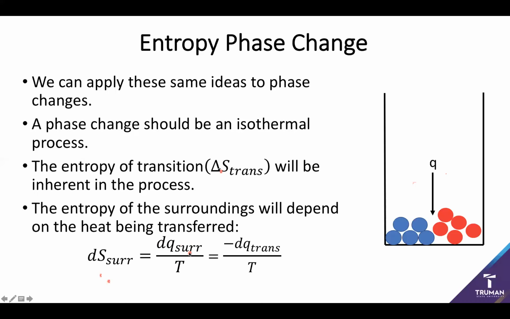But again, because we typically don't measure the heat from the surroundings, we're going to phrase this in terms of the value of the heat required to drive this transition, which is just the negative of the heat of the surroundings, because any energy gained by the surroundings is lost by the substance undergoing transition.